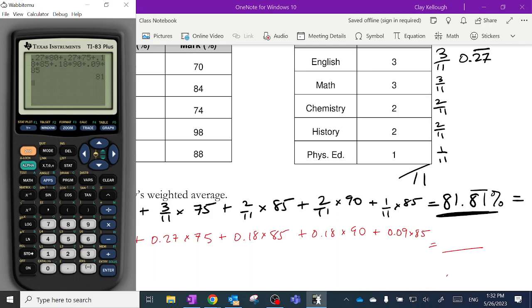Uh-oh, we just gypped Gerard out of a percent. It's like, but I rounded them all to 2 decimal places. Yeah, but the cumulative effect of all of those little roundings made the number smaller than it was supposed to be.